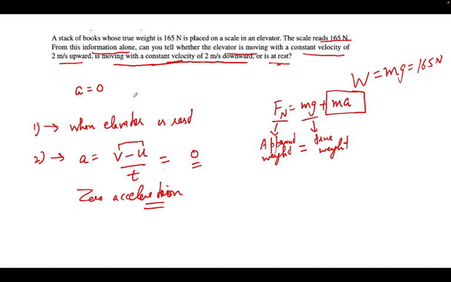So from this given scenario, we cannot tell the exact correct answer. In all three cases, the acceleration is 0. So case 1 is possible, case 2 is possible, and case 3 is also possible. Therefore all three scenarios result in the same scale reading. It all depends upon the value of acceleration, and since in all three cases acceleration is 0, all three cases are possible.